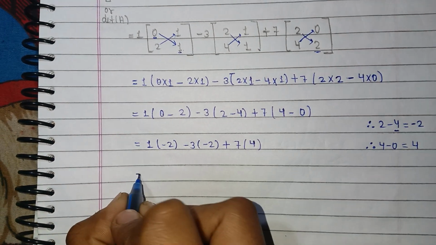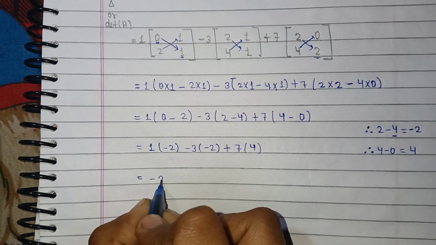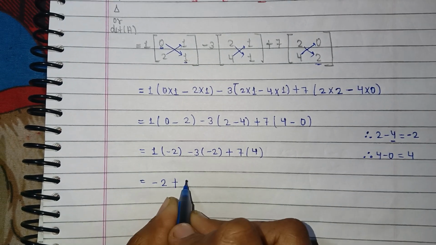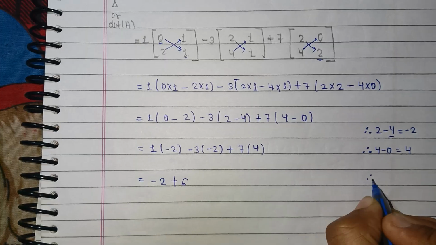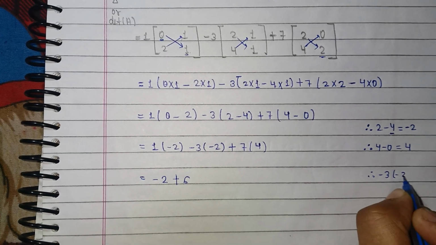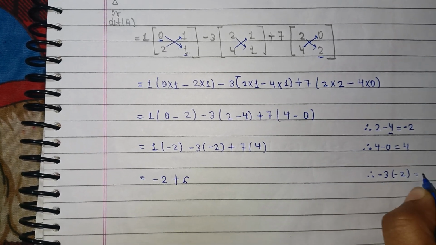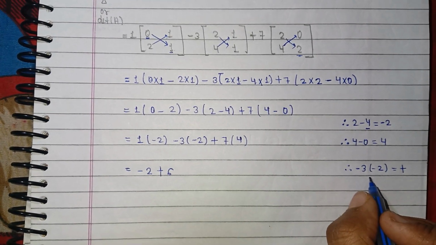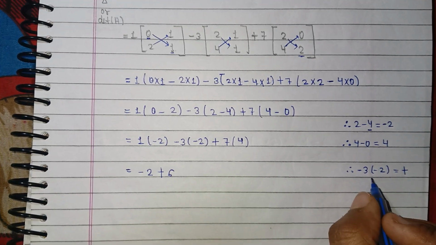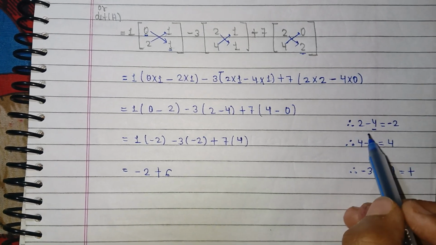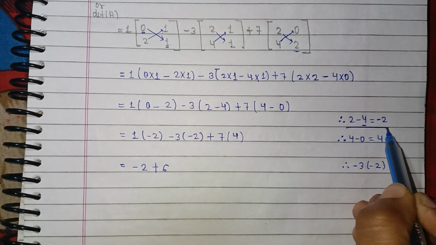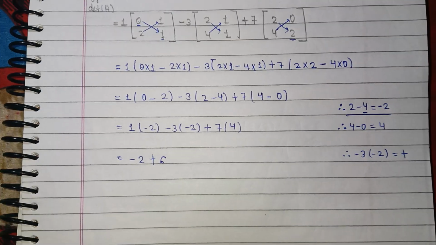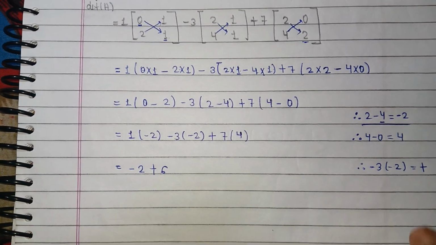1 into minus 2 is minus 2, minus 3 times minus 2, which is plus 6. Here minus 2 multiplied with minus gives plus. In multiplication, the sign comes from multiplying the elements, but in subtraction and addition the sign of the value which has the greater or highest magnitude comes.